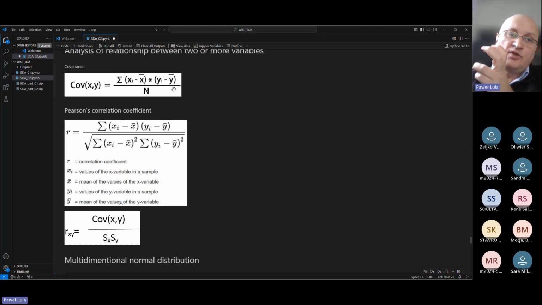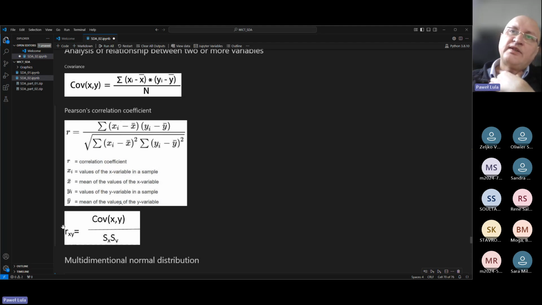If we want to normalize it, we should divide this covariance value by the standard deviations calculated for the first and for the second variable. In this way, we can calculate the correlation coefficient, which was proposed by Pearson.